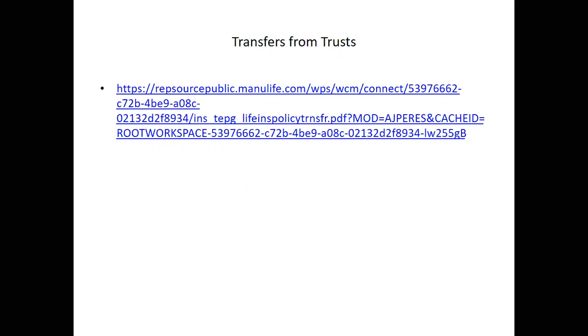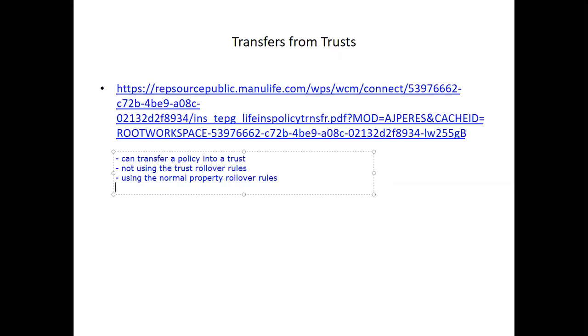The gist of it is that you can transfer this policy into a trust, but you're not using the trust rollover rules. You're using the normal property rollover rules. Okay, so only if another rollover would apply.